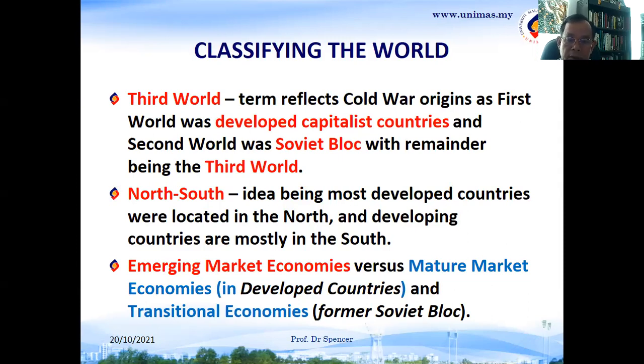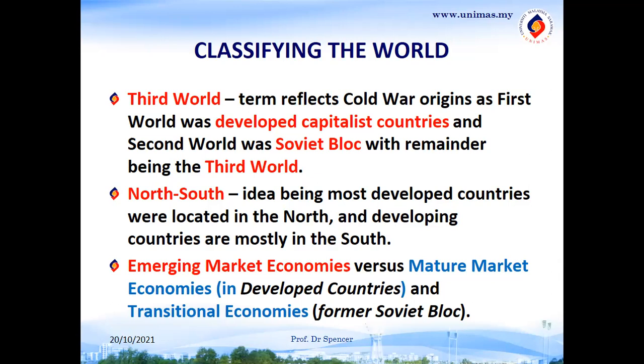Now, this third world term reflects the Cold War origins, whereby the first world referred to the developed capitalist countries. The second world was the Soviet bloc or Soviet Union, and the rest of the countries are known as the third world.